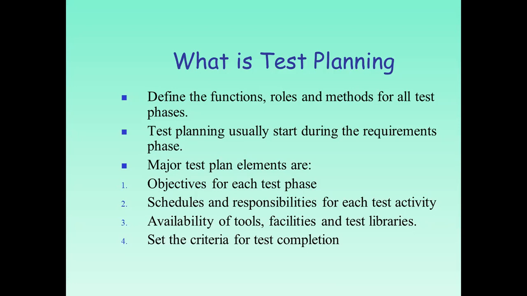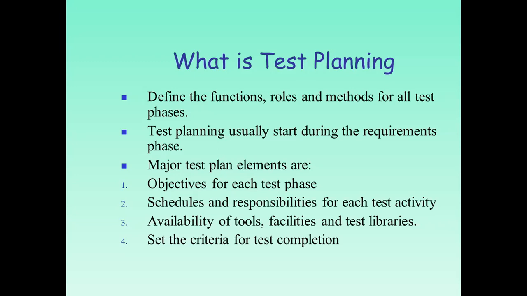Similarly, whenever we are testing our software, there are a number of phases. Why do we divide into a number of phases? To manage easily. Suppose we want to manage our software easily, or test each part in a very simple manner.